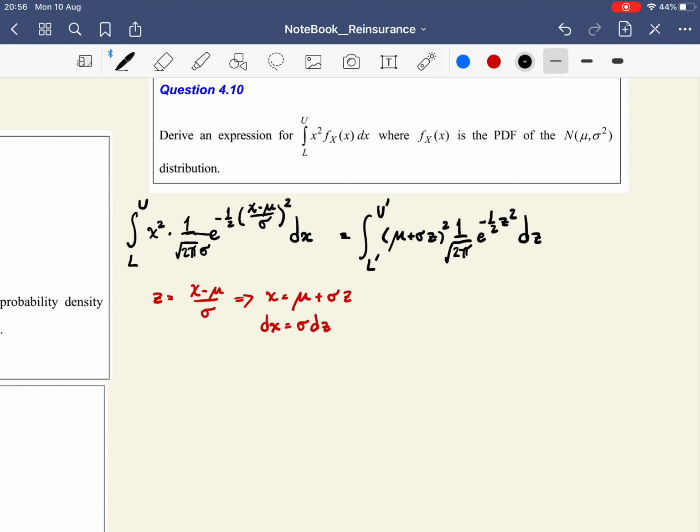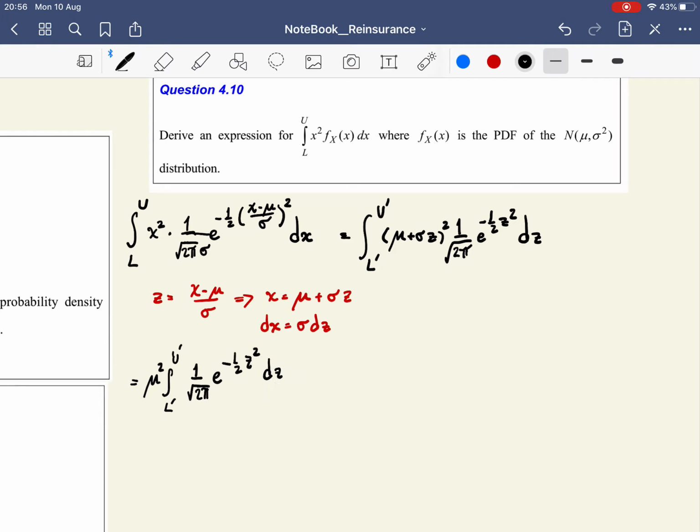So what we are going to do is expand this first part into 3 terms, and we'll do the integral separately. The first one is the integral from L prime to U prime of mu squared, which is a constant. So we can pull mu squared out, and inside we have 1 over square root 2 pi e to the power of negative 1 over 2 z squared dz.